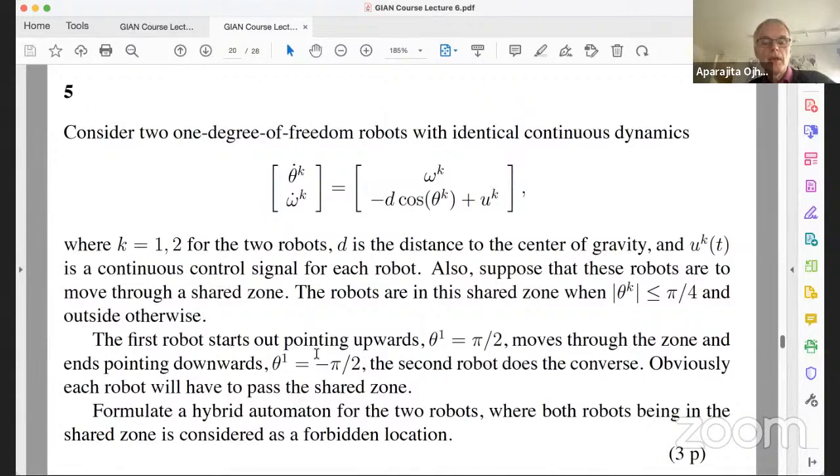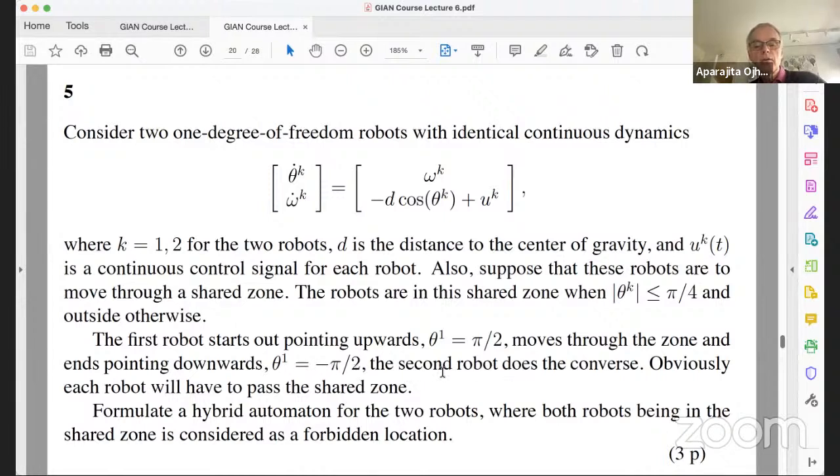So the problem is that we should generate a model here which avoids that they are at the same time in this area. And of the robots, one is going from the top and going down, from plus 90, moves through the zone and ends downwards.